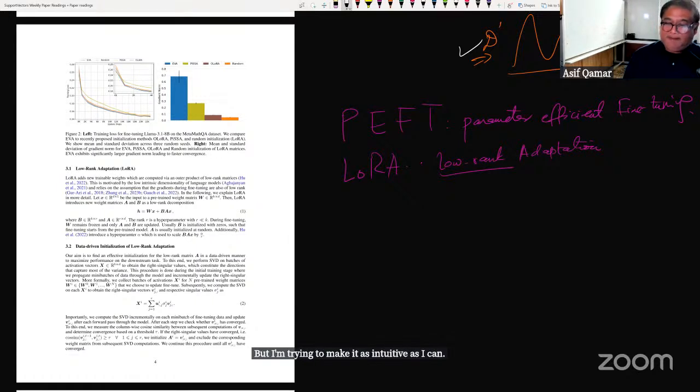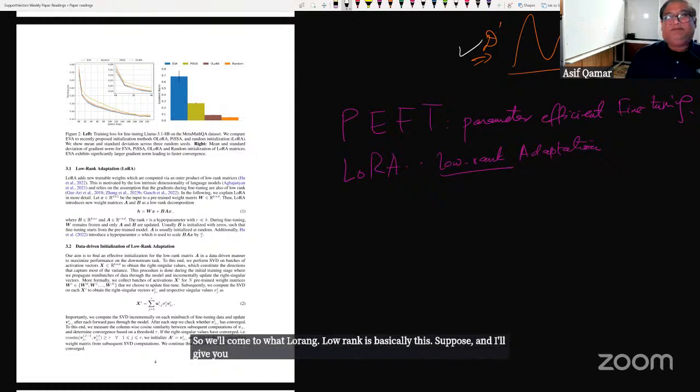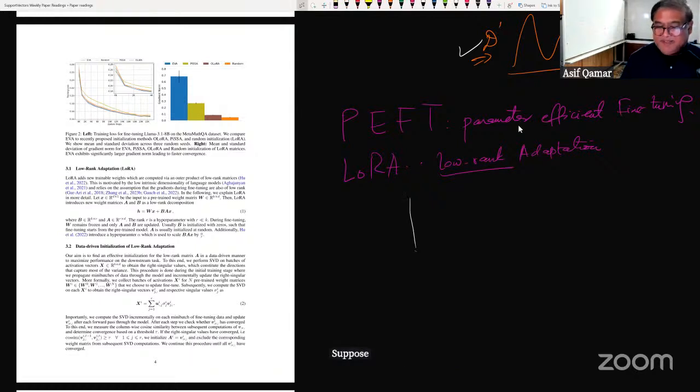Low rank is basically this. The intuition is actually very easy. Suppose you are in three-dimensional space, but it so happens that there is actually a plane, a plane.